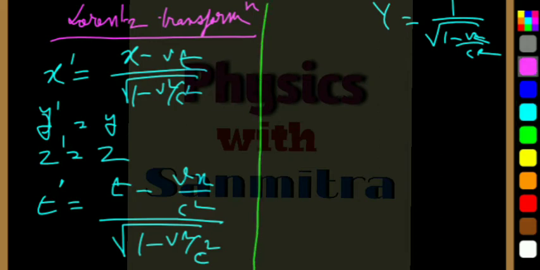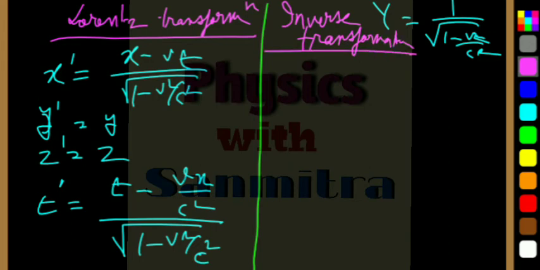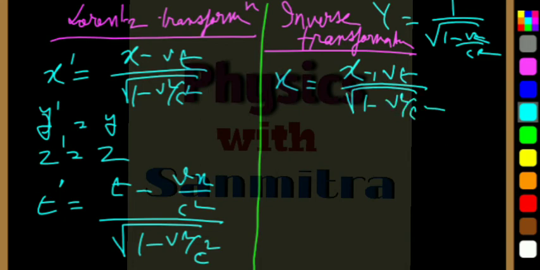Now let me show you the inverse transform. In the inverse transformation, earlier we related f2 with f1, now we relate f1 with f2, that is x with x dash. X will be x dash plus vt dash divided by root over of 1 minus v squared by c squared.